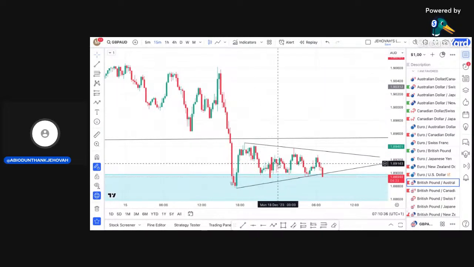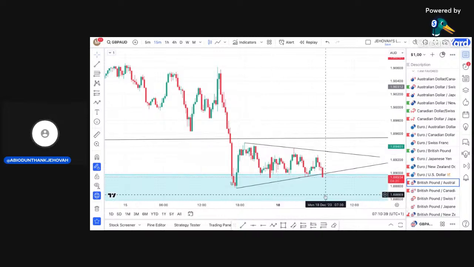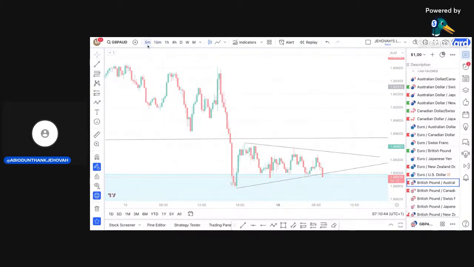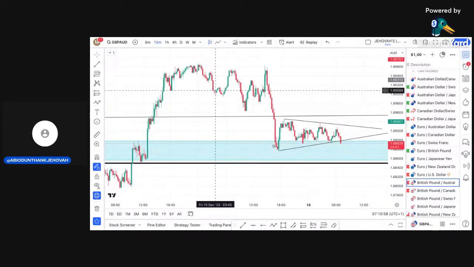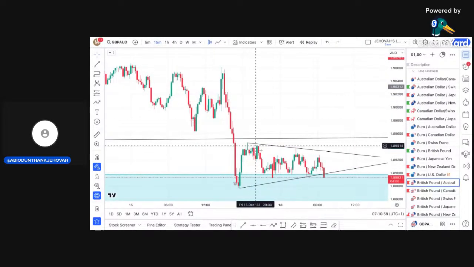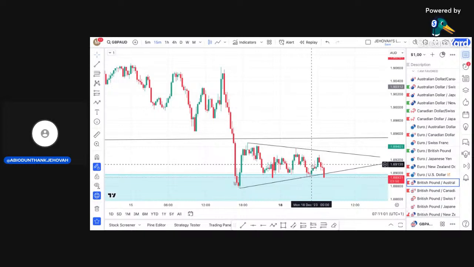All right, so I want to sell, and I'm seeing a break to the downside, which is looking like it's going to be a sell move. So all I have to do now is to wait for the candle to close outside the pattern. That's going to confirm the move to a large extent. So it's a 15-minute chart pattern.